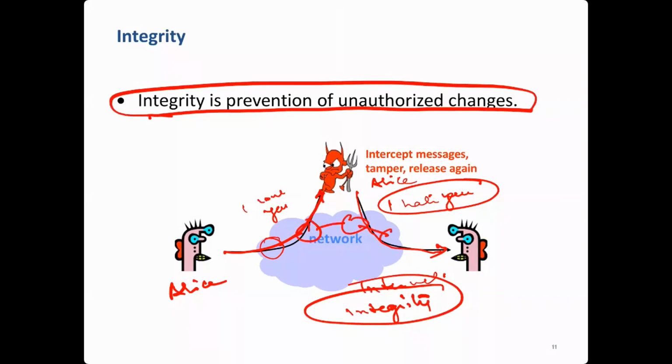In between, it can be taken out and changed. So the question is how do we achieve integrity in this environment, the internet, which is absolutely open, which is full of leaks that we will see.